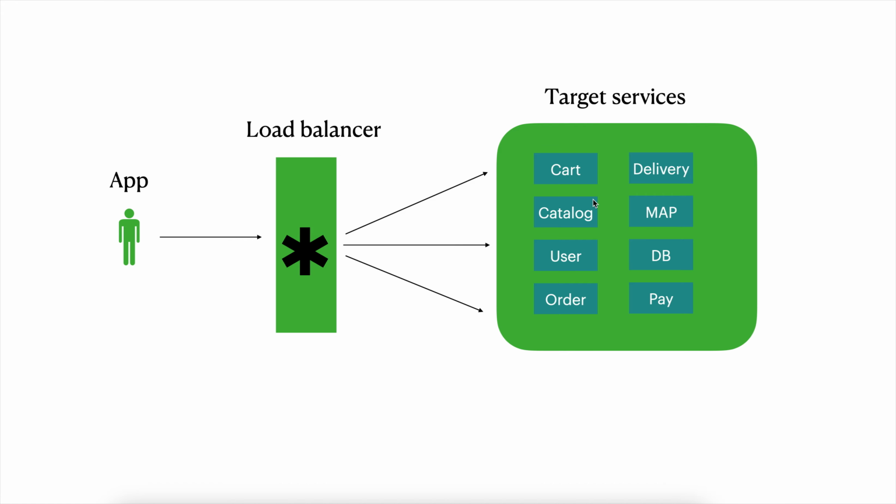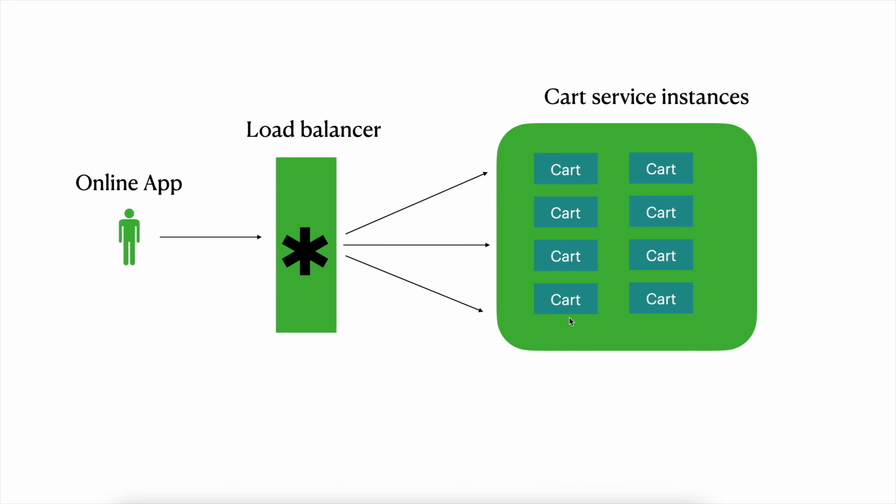There are two use cases mainly. One is we have multiple services running, and the second use case is we have multiple instances running of a single service. In this diagram, if the user is interacting with the cart service, there is a possibility there are multiple instances of cart service running.